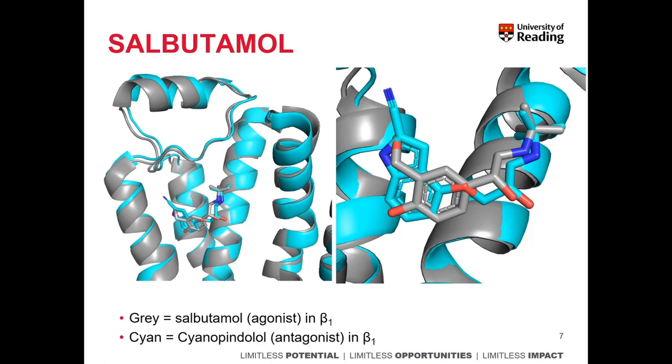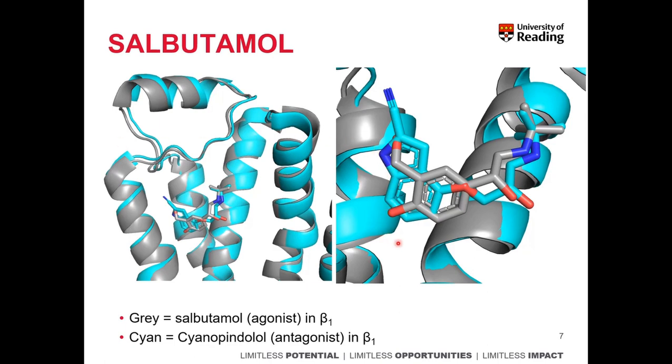Now this structural overlay shows the difference between the two, and so the structure in grey is the activated form of the receptor. It has been activated by the salbutamol. In cyan is the inactive form, and you can see that these structures are still incredibly similar to each other.